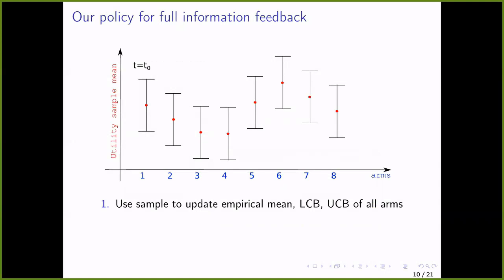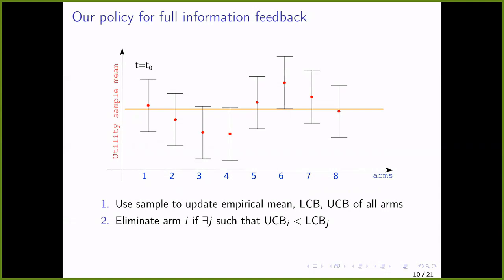Recall that we consider two information models. We will first present our results for the full information setting. Here, in each round, we obtain samples of all arms. Our policy for full information feedback is as follows. In each round, we use the samples to update empirical means, LCBs, and UCBs of all arms.